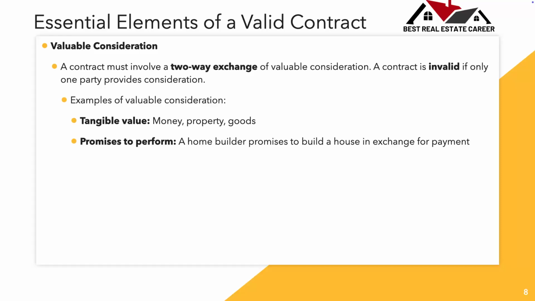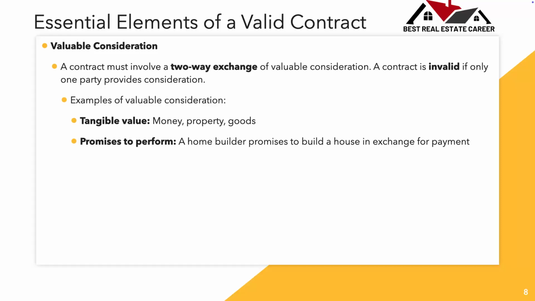So examples of your valuable consideration, most of us on this call, right, we're thinking about tangible money, property, goods, right? Like someone could trade a house for a house. That's consideration, perfectly legal. We have goods. We could be actually thinking about maybe cryptocurrency. I mean, someone could go ahead and trade livestock. Like all that is perfectly legal.